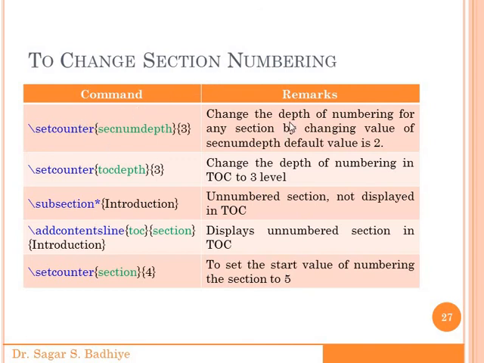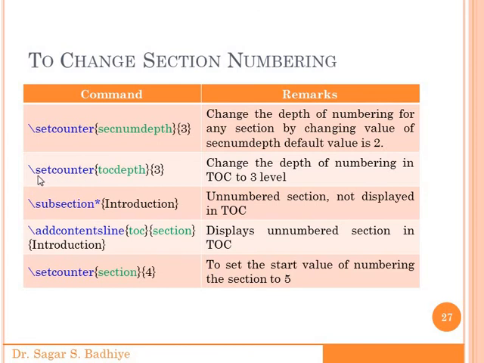For that different commands are available, like \setcounter{secnumdepth}{3}. This changes the depth of numbering for any section by changing the value of secnumdepth. By default the numbering is up to the second level, so you will go up to 1.1.1. If you want it to go to the fourth level, 1.1.1.1, then you change this value to 3, so it will go to the third level of depth.